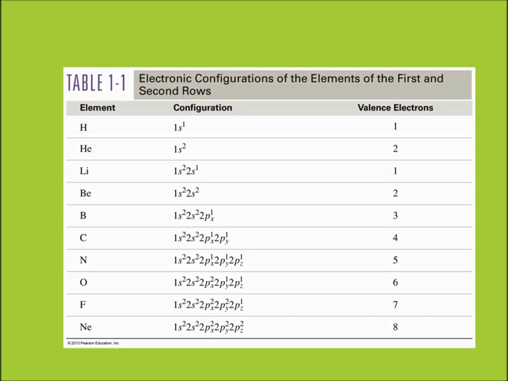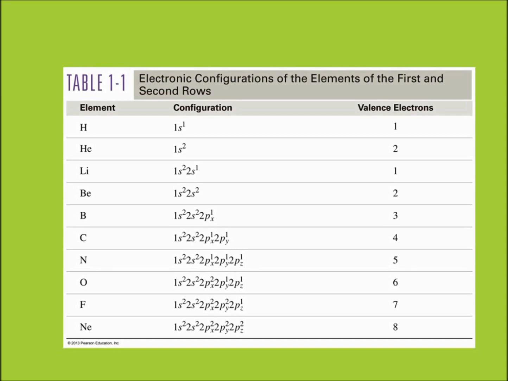When we get to boron, we have filled both the 1s and the 2s orbitals. And so the 5th electron is placed in the p orbital. And here we continue following Hund's rule as well as the Aufbau principle. We continue doing so until we have filled all orbitals with 2 electrons.